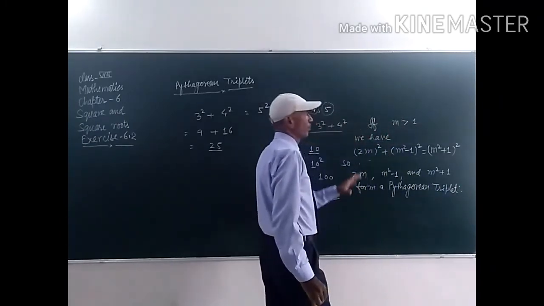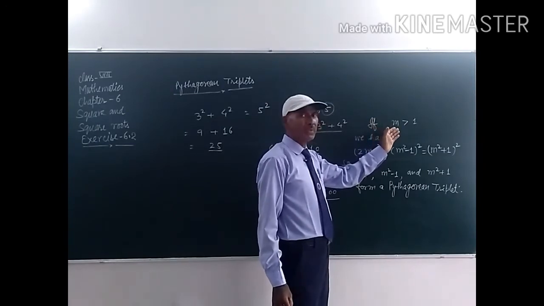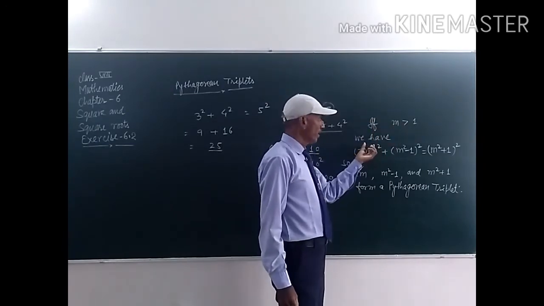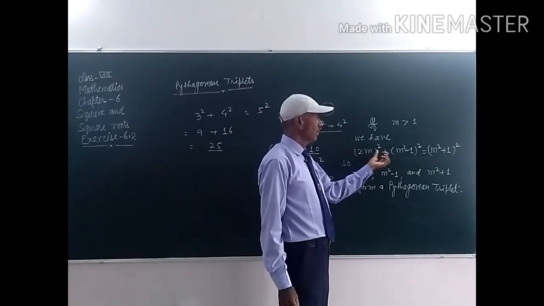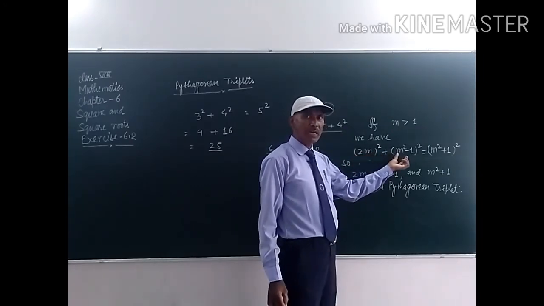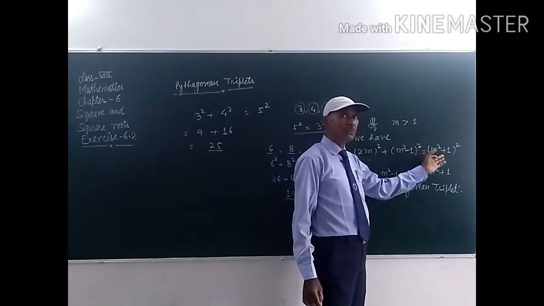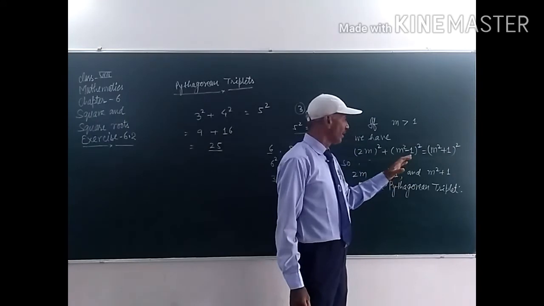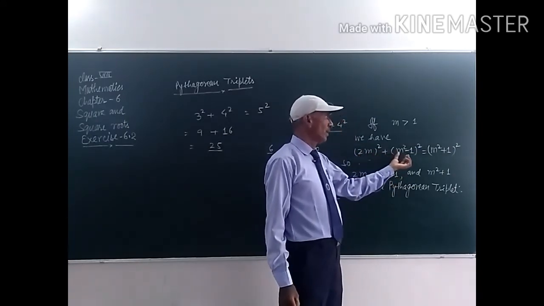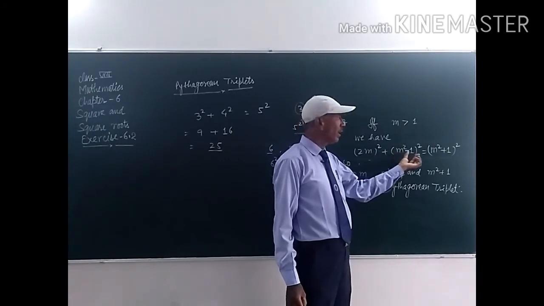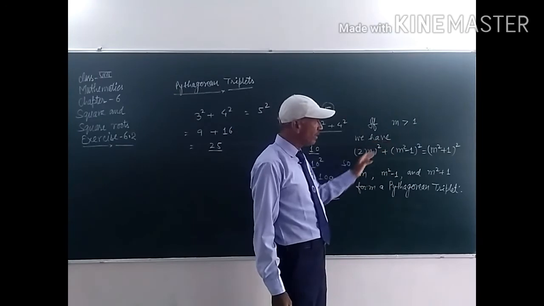Clear, students? If we have a natural number m that is greater than 1 and we have (2m) squared plus (m squared minus 1) whole squared is equal to (m squared plus 1) whole squared, then the numbers 2m, m squared minus 1 and m squared plus 1 form a Pythagorean triplet.